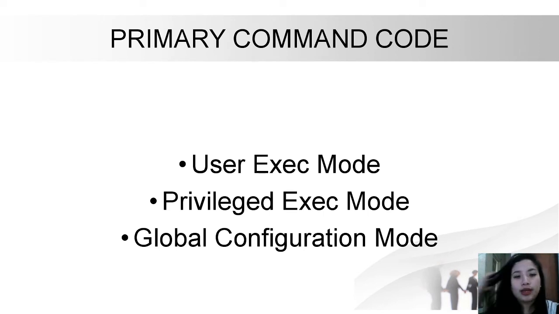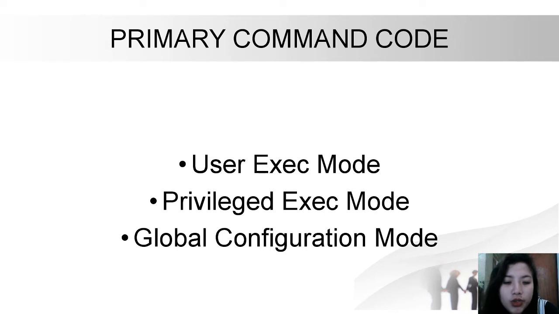Then the primary command modes. As a security feature, the Cisco IOS software separates management access into the following two command modes: the user exec mode and the privileged exec mode. User exec mode has limited capabilities but is useful for basic operations.